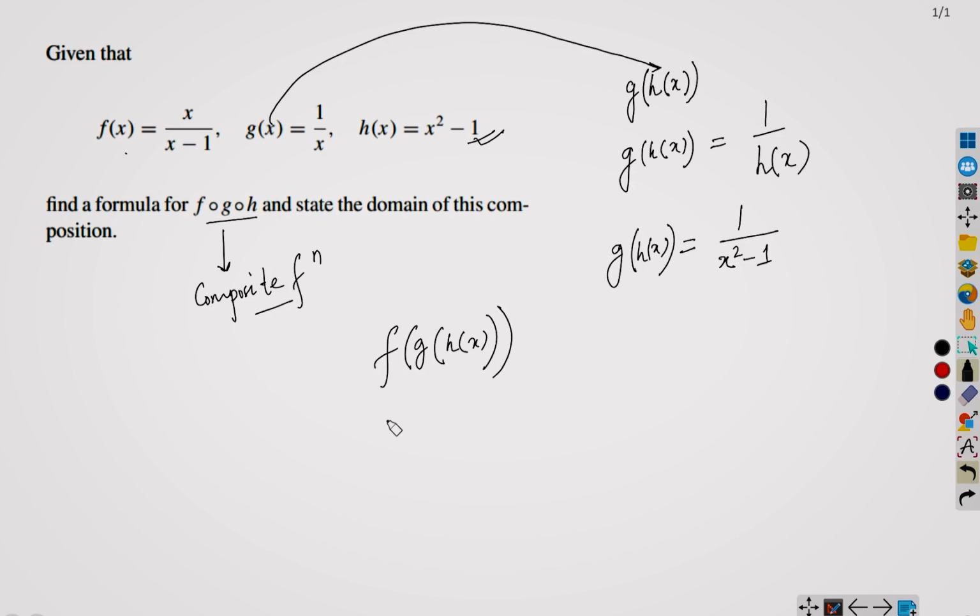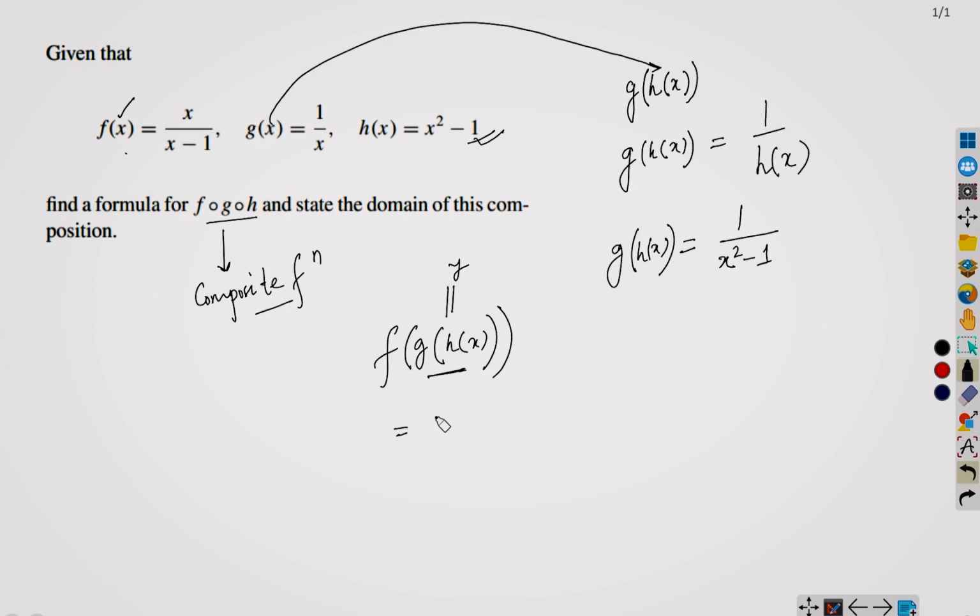Can you do this? It's simple. We just have to replace the x with this expression, the same way as we did with this one. So f of g of h(x), let's say this equals y.